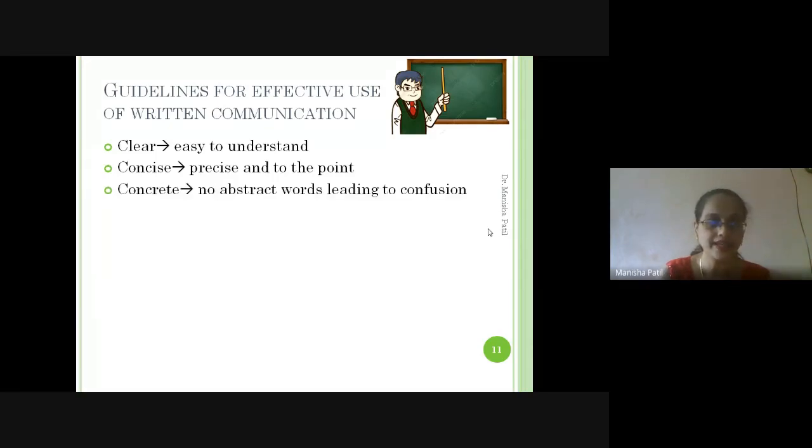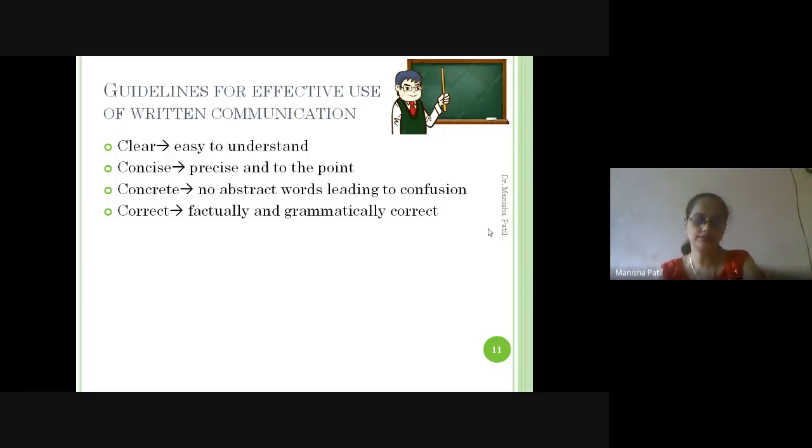Next, concrete. There should not be any abstract words leading to confusion. Next, correct. Factual correctness and grammatical correctness. There should not be any spelling errors, grammatical errors, punctuational errors, and obviously there should not be any errors in the matter.